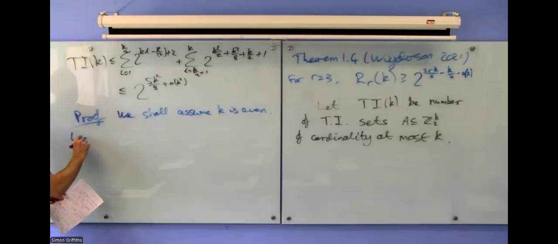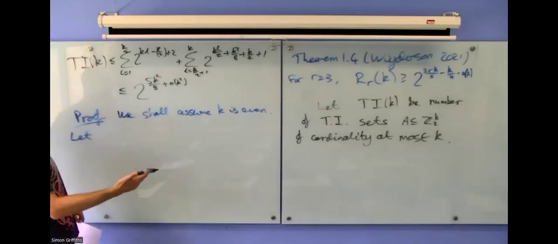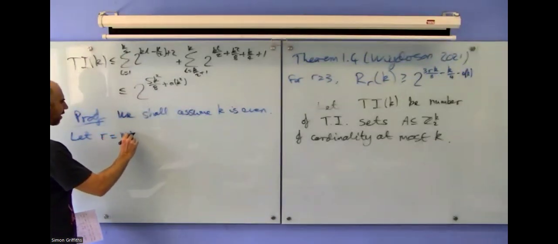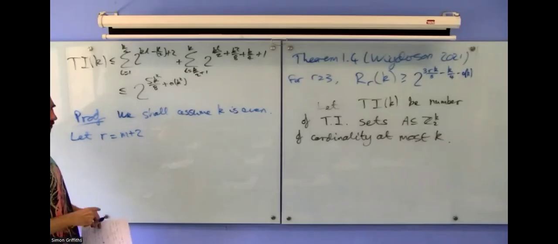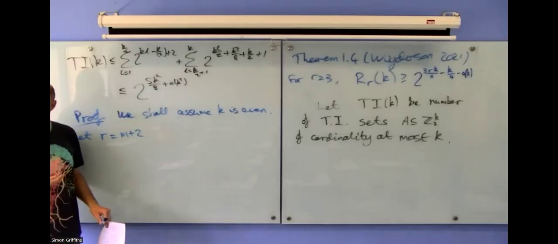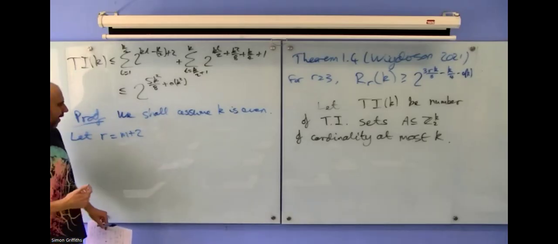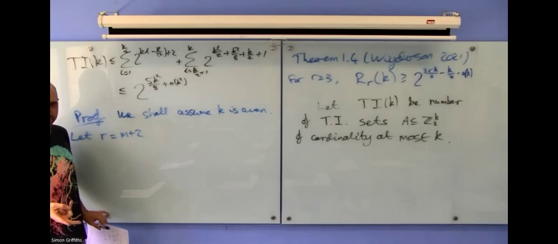Let's see strangely what we're going to do. Our number of colours is R, but let's write R as M plus 2, because actually there'll be M colours that we use for this funny blow-up idea, random functions idea, and there'll be 2 colours we keep for the end to randomly colour whatever is left.